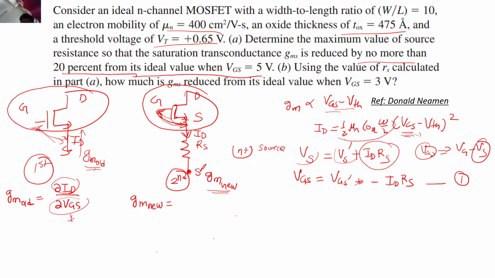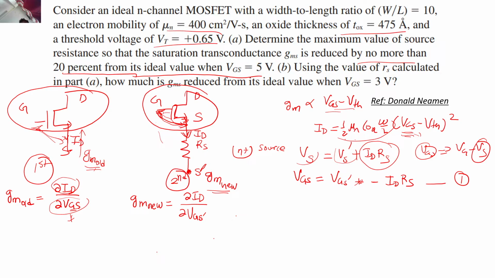Now I have just told you, you cannot apply the signal at the source node. You have to apply the signal at the S dash node for the second case, right? So now the GM definition will be what? Of course you will have your ID, and now you have to differentiate it with respect to VGS dash. You cannot differentiate it with respect to VGS, because you are applying the input between the gate and S dash, not between the gate and source.